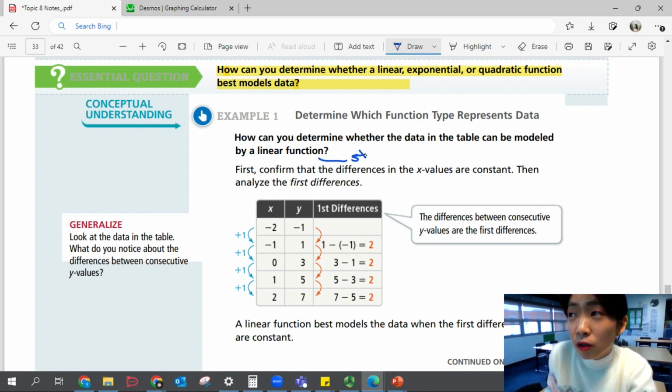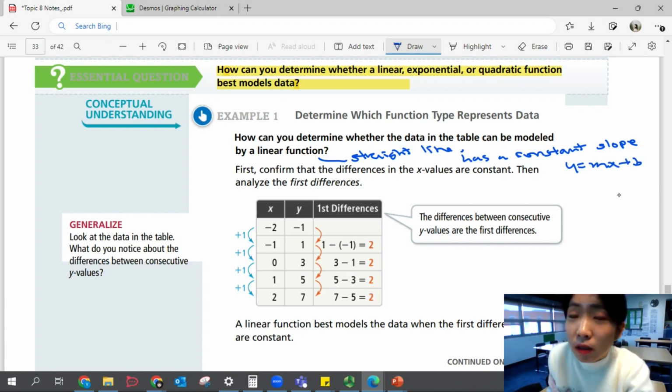It is a straight line in graph, which means it has a constant slope, okay? And the equation form should be y equals mx plus b, right? There are different forms of linear equations, but this is the slope-intercept form, the most common form, I should say.